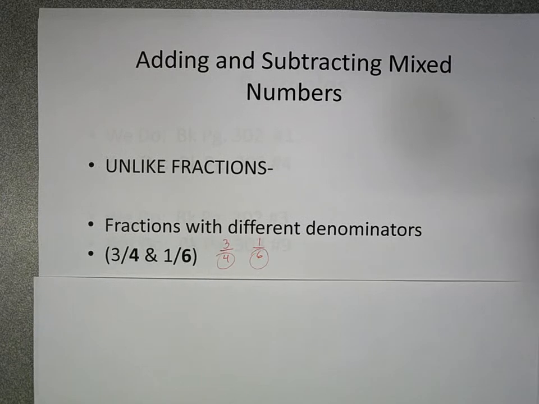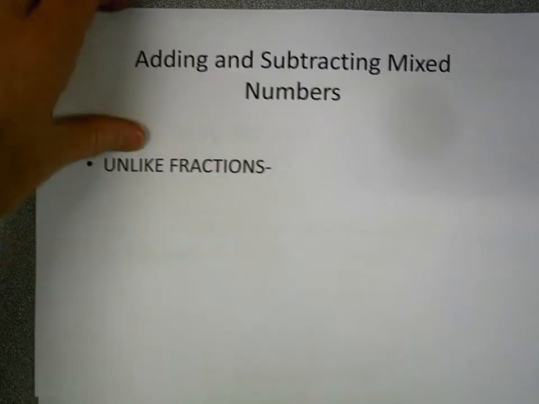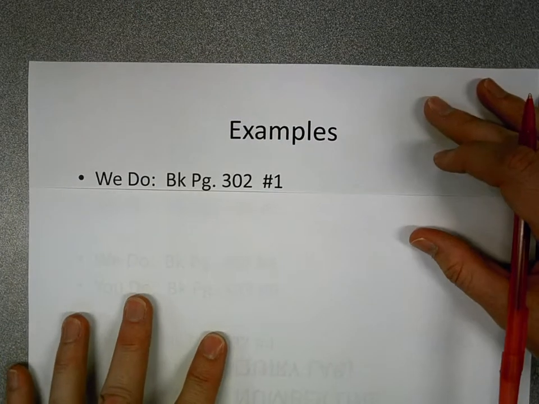Okay, most of you guys have your books out, but if you don't, make sure that they're out, and let's go to page 302 to look at some of these kinds of problems. Page 302.